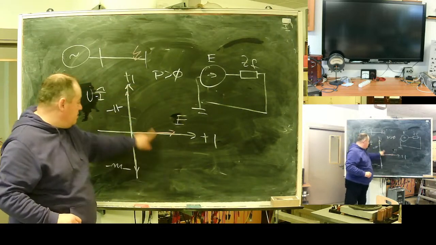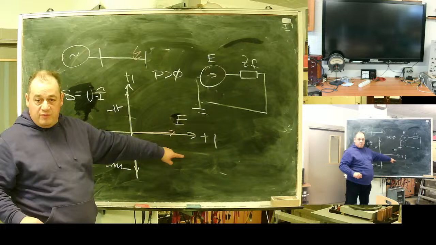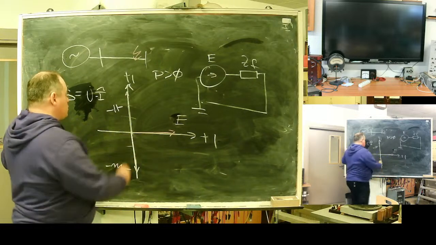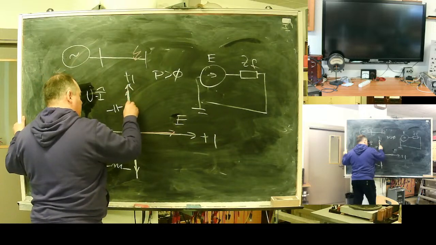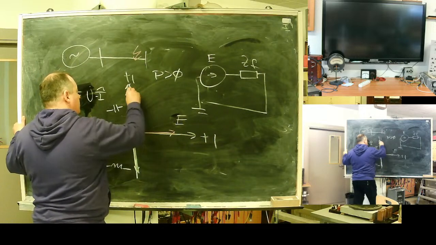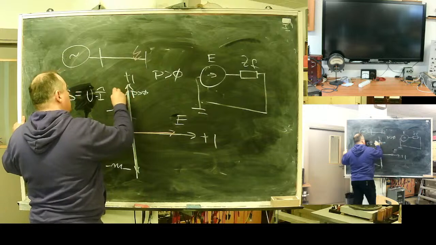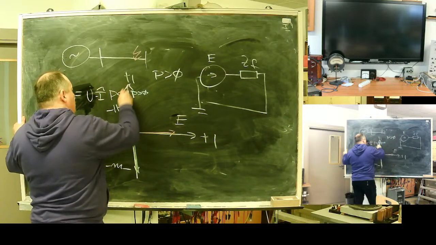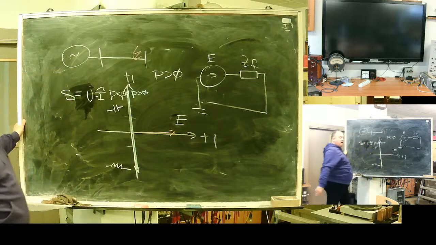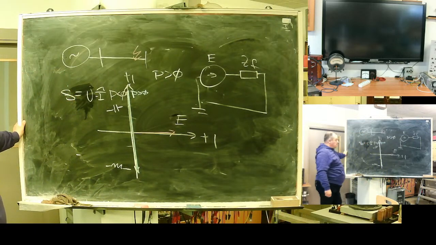All this area is where power will be positive, yeah? So here is the merging line. P greater than 0, and P is negative. Power is negative, active power.